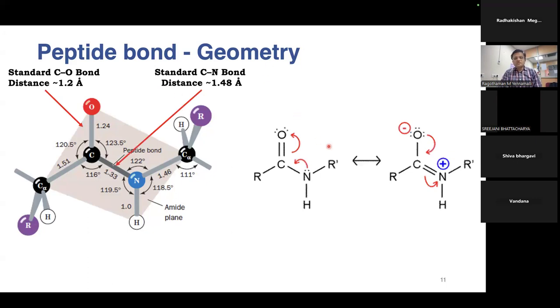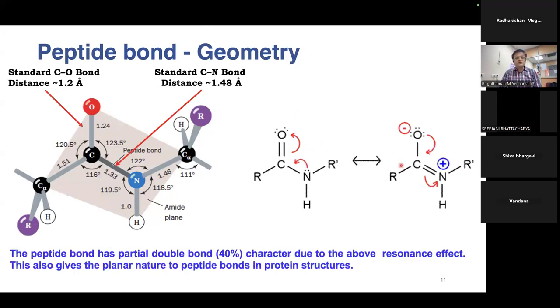So this is how the bonding information is shown, and it has a partial double bond character, because of which it is pretty rigid in nature, and it is an energy-intensive process to break a peptide bond.